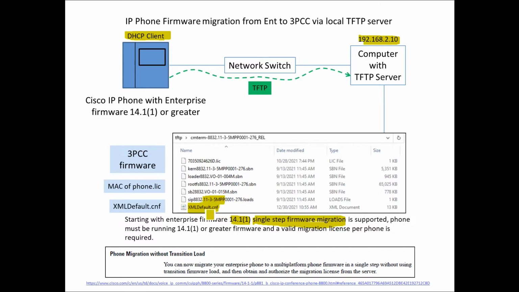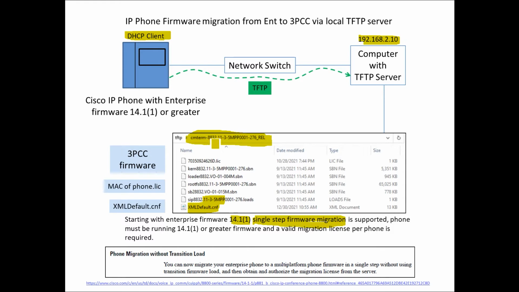As far as the contents, if you need to generate it from scratch, you can use Notepad++, or if you have access to CUCM, you can also pull it off of that. So going back to the structure of how we have it set up, we have a computer running a TFTP server application. The TFTP application is pointing to this folder on our hard drive as a root folder.